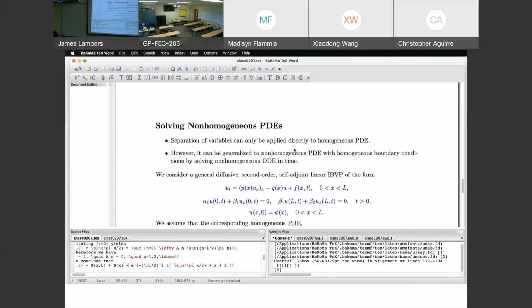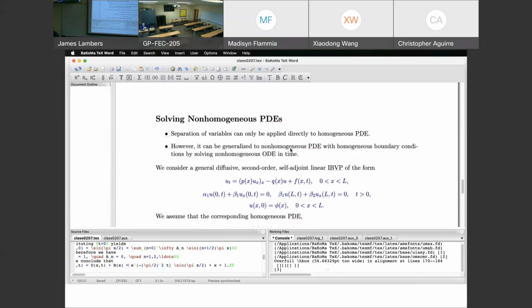But it can still be used, we just have to solve a different ODE in time. So what I'm going to do is explain the process for as general a problem as I can, and I'll provide you with some formulas that help you obtain a solution. And then I'll show you an example.